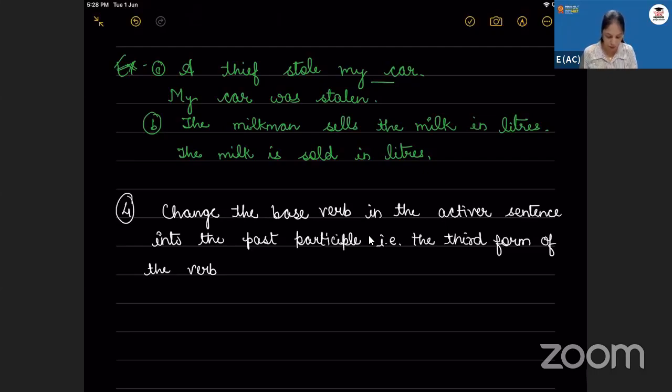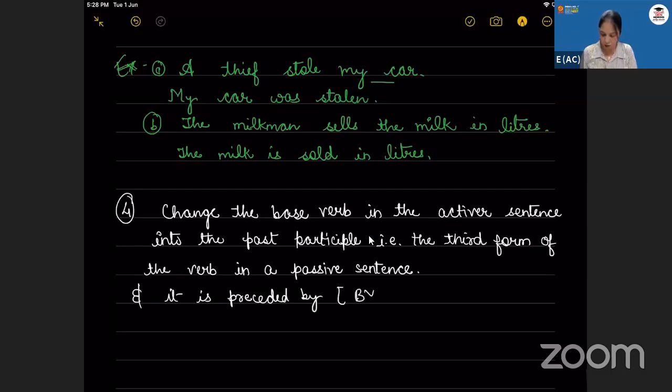The third form of the verb in a passive sentence is preceded by with, to, etc. Fine.